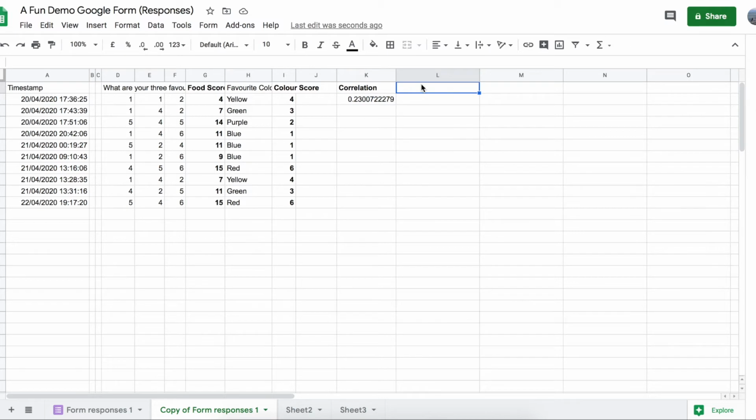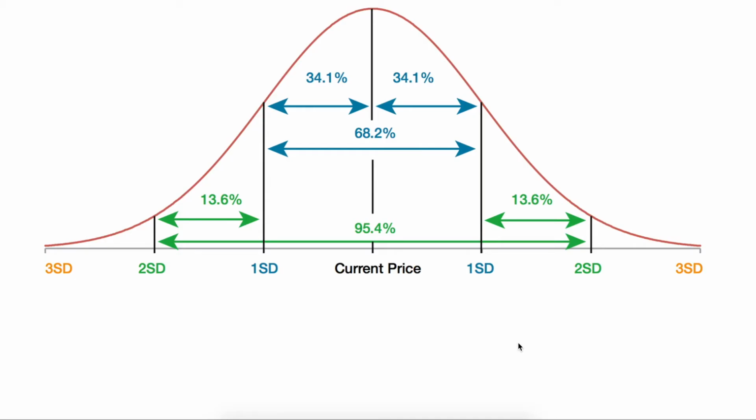There's two things that I'm going to find out in terms of statistical significance. The first is standard deviation. This is going to tell me how far each response is separated out on a bell curve. A bell curve is something you're probably familiar with in terms of marks and perhaps other types of performance.